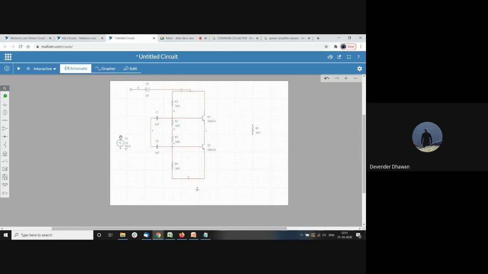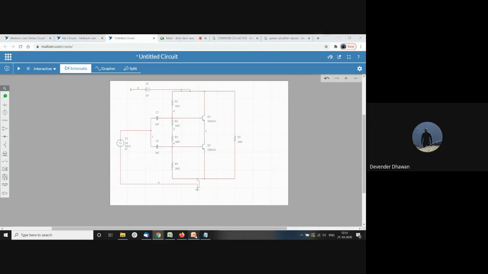Then our input is connected here. So this is our ground line, and this will be connected to our load resistance here, and the other end is coming here.